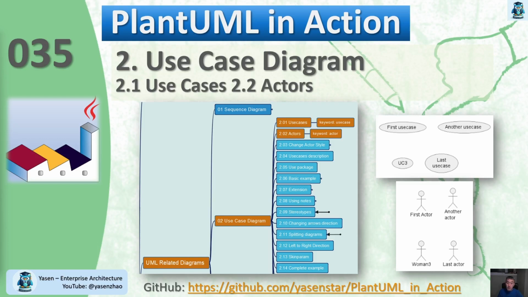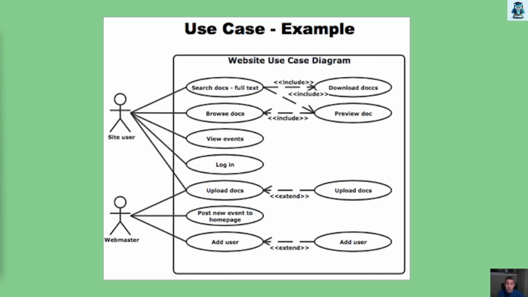So let's see. To make sure we can have some initial feelings about what a use case diagram may look like, I also prepared one from the web, a public sample. This is a website use case diagram.